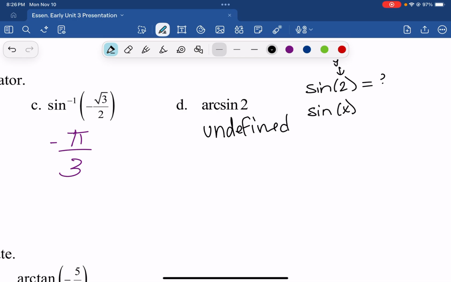Right, there's not an x value that equals 2. So our overall arc sine of 2 is undefined.